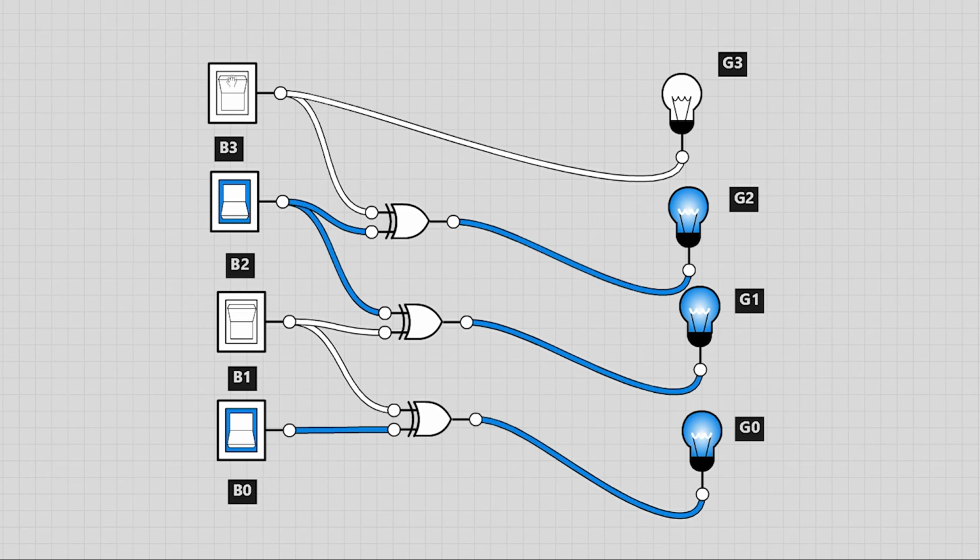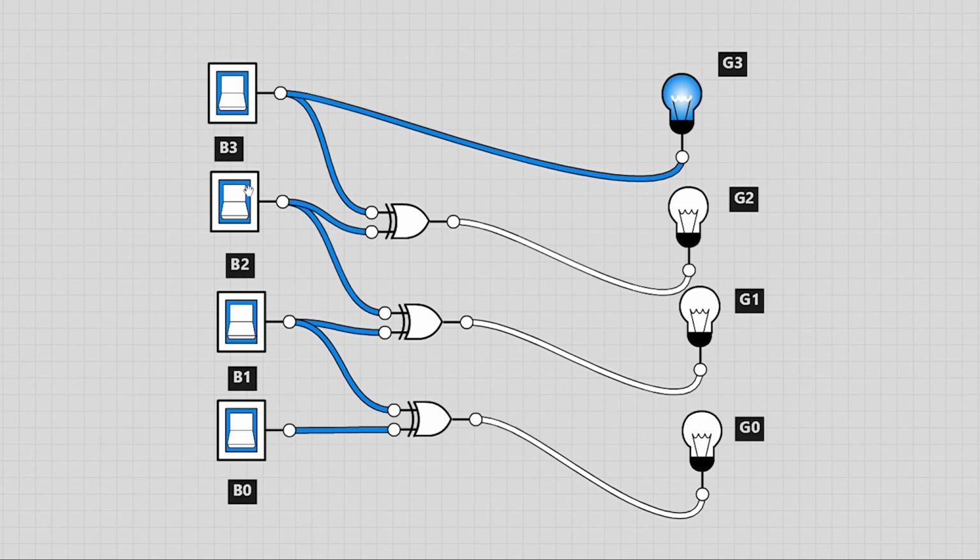When the input B3 is 0, B2 is 1, B1 is 1 and B0 is 1, the outputs are G3 is 0, G2 is 1, G1 is 0 and G0 is 0.